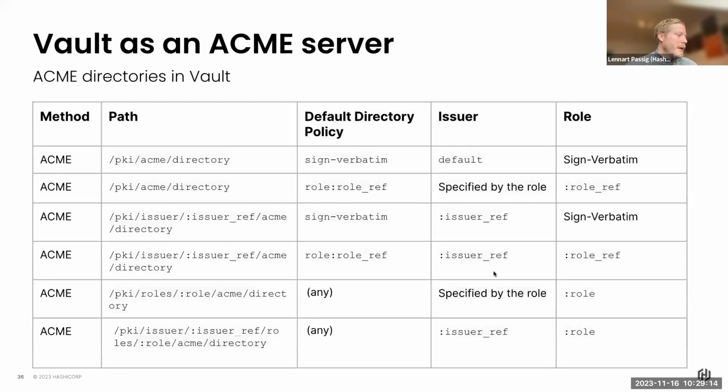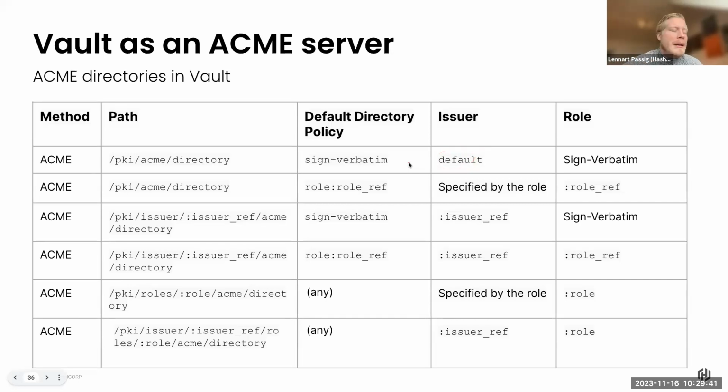So how are the ACME directories configured? We have a couple of possibilities now on how to configure the directory. One of those, which we will use today, is sign verbatim. It is not best practice to go ahead with this and with a default issuer and so forth, but this is the easiest way to get started.